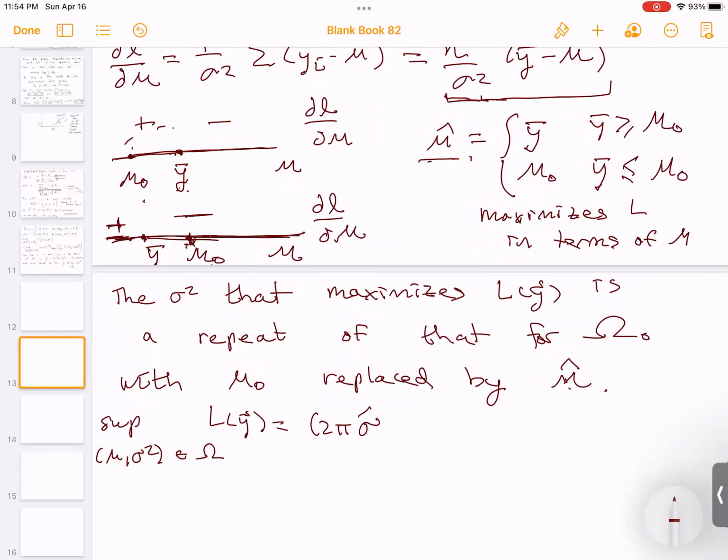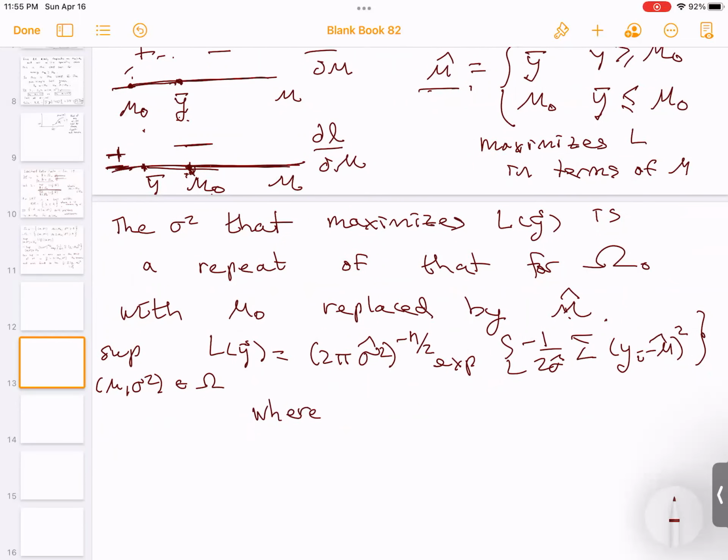So we'll write sigma hat squared to the minus n over 2 times exp of minus 1 over 2 sigma hat squared sum of yi minus mu hat squared, where mu hat is given above and sigma hat squared, sorry, keep me honest here, is 1 over n sum of yi minus mu hat squared. Okay. Yes.